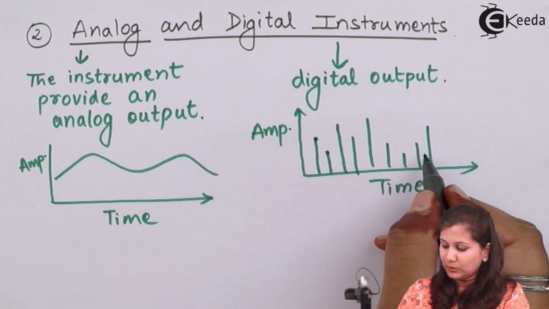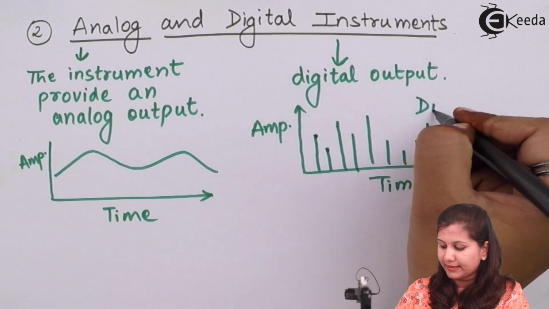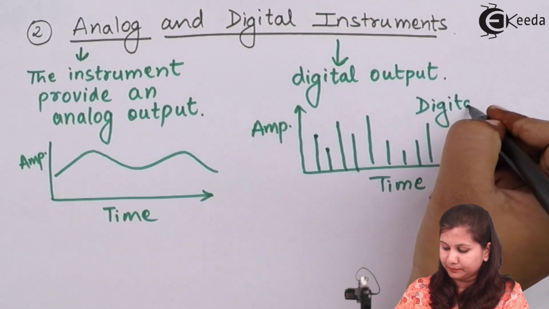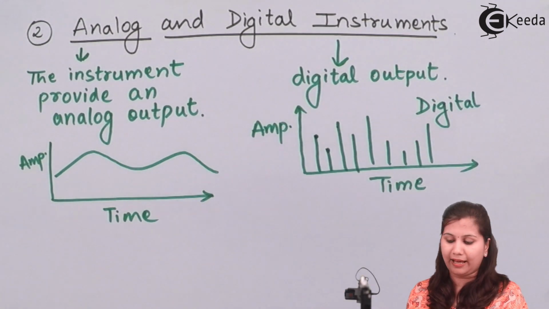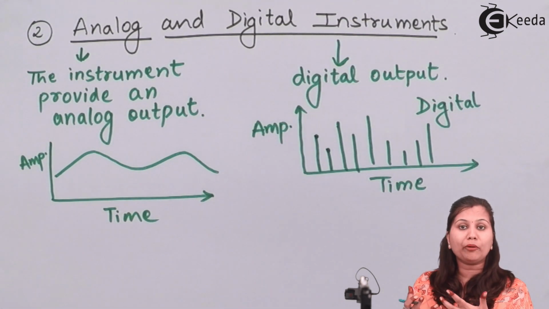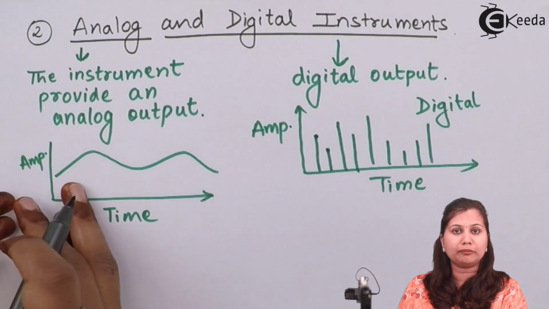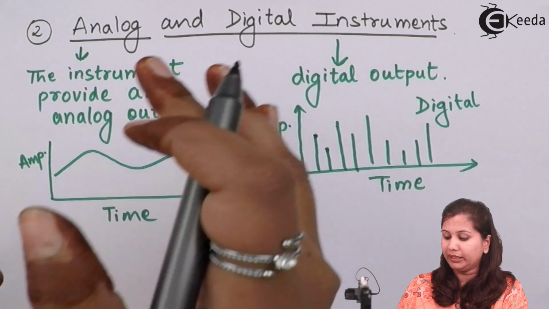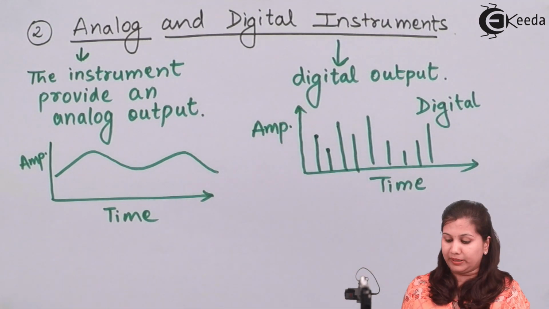If the signal is changing in this way, that will be called a digital signal, that means in the form of discrete steps. So it depends upon the type of output given by the instrument. If it's an analog output, that will be an analog instrument. If it is a digital output, then we have digital instruments.